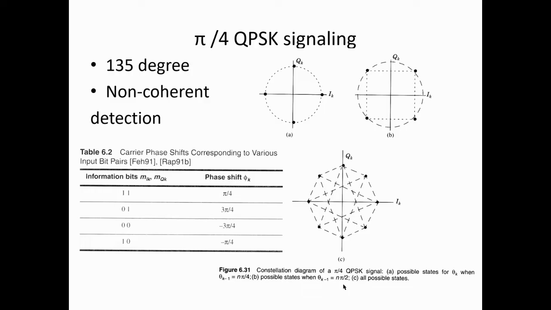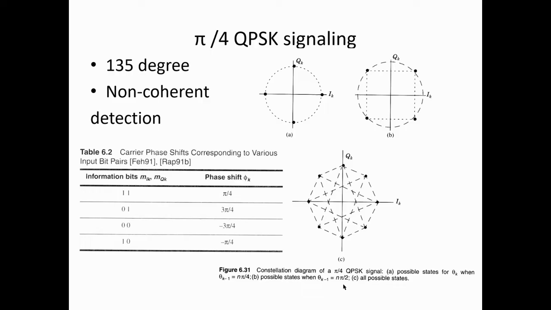One more advantage is that pi by 4 QPSK uses a non-coherent method of detection. It is nothing but the receiver does not require any information about the transmitter signal. For example, the frequency and phase of the carrier signal are not required at the receiver end in order to demodulate the signal.